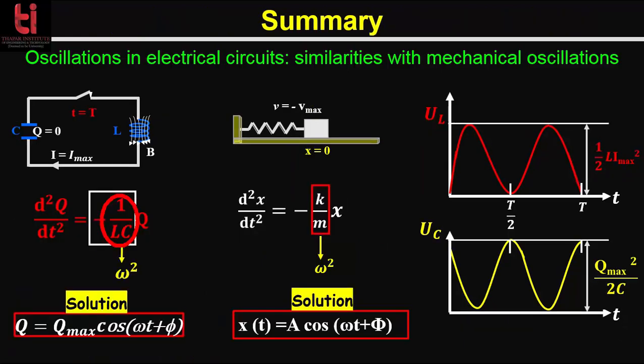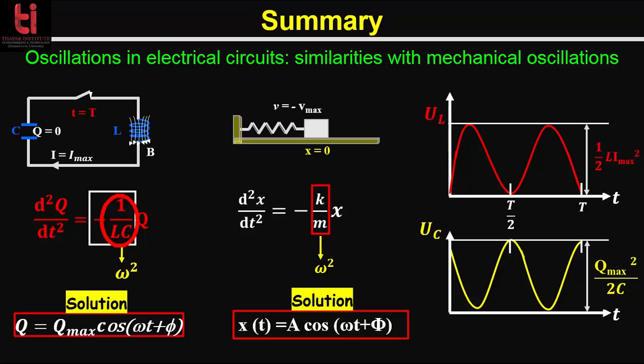Now to summarize, here I have discussed the oscillations in an electrical circuit. We saw that these oscillations are represented by a differential equation that is identical to the differential equation of simple harmonic motion for the mechanical system, that is for a spring mass system or a simple pendulum.